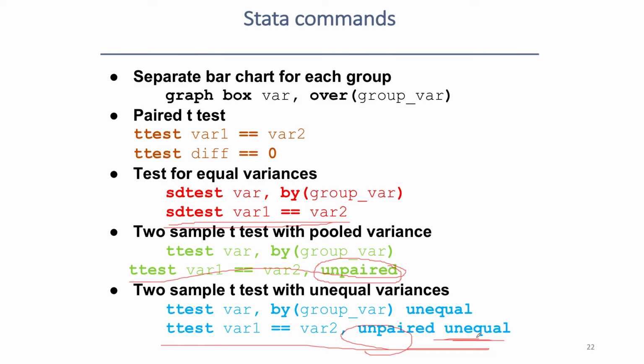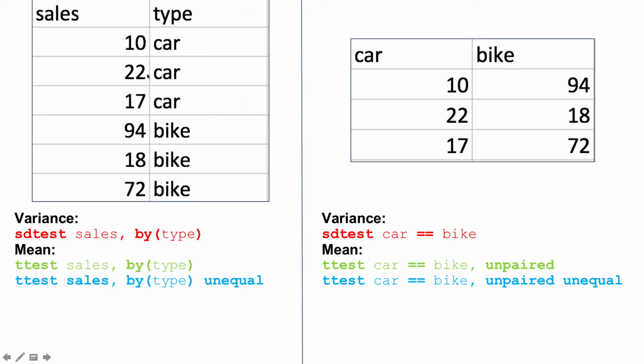Now, normally what data you have is like this one, so you need to say it's unpaired, because it seems like they're in the same row. Maybe they're paired, so if you don't say it, the computer will treat it as paired. This is the kind of data you're using most of the time.